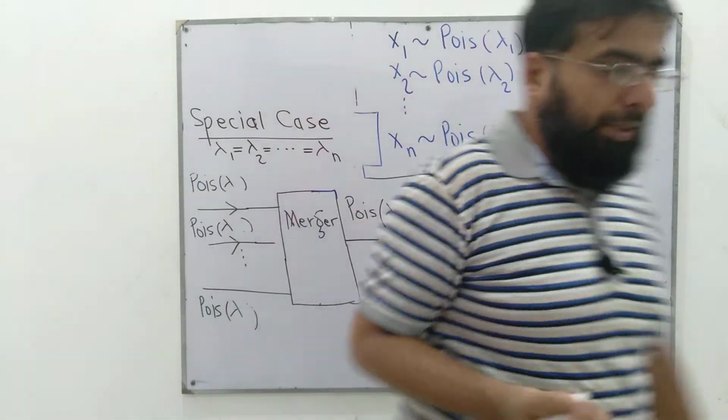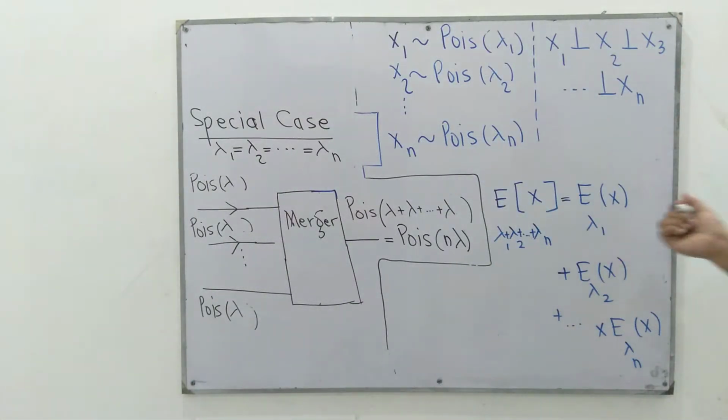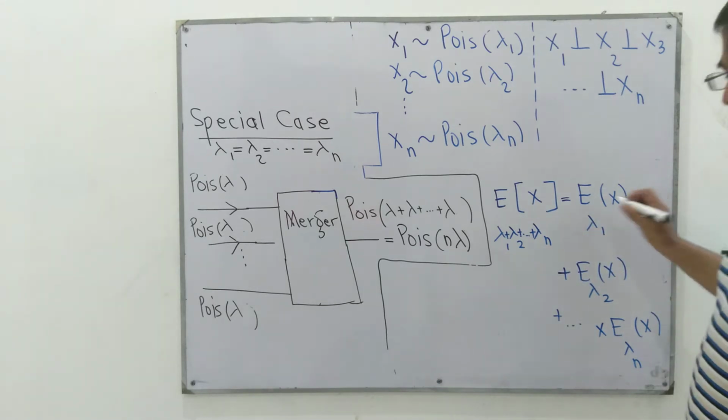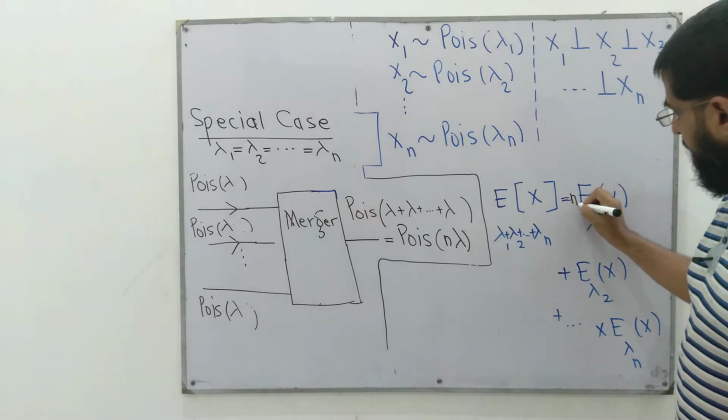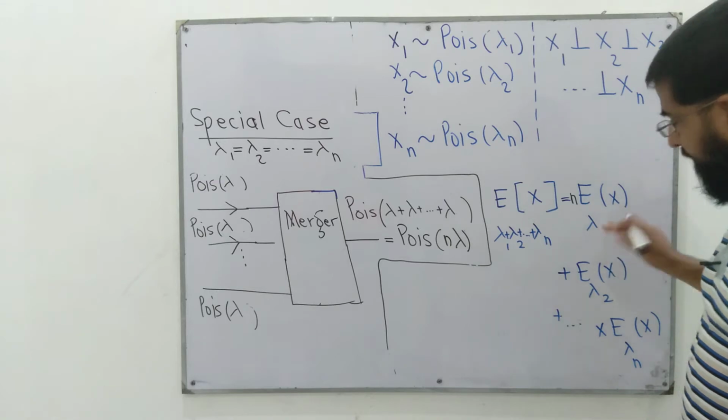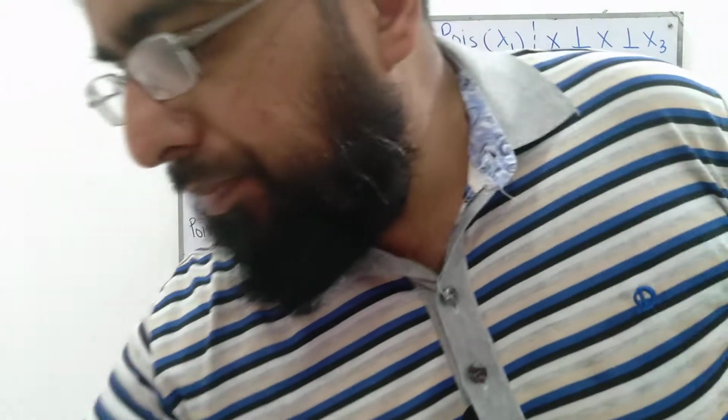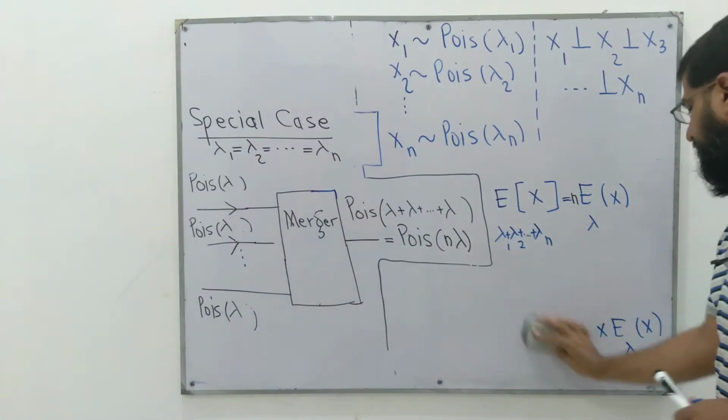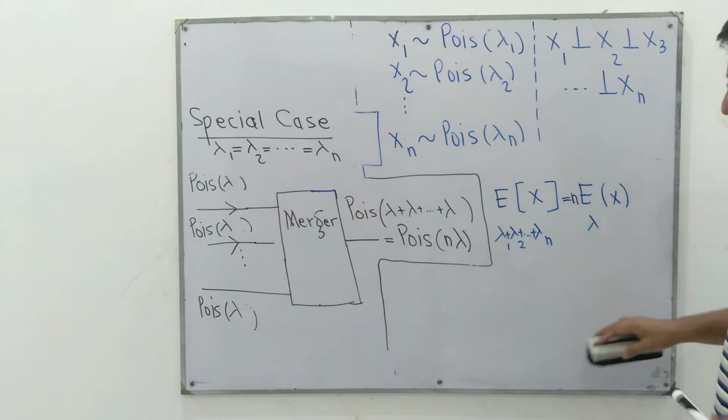and since they are all independent, the expected value should be n times the expected value of any of the processes.